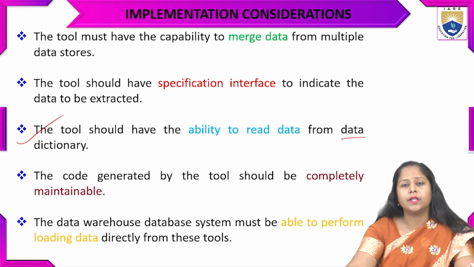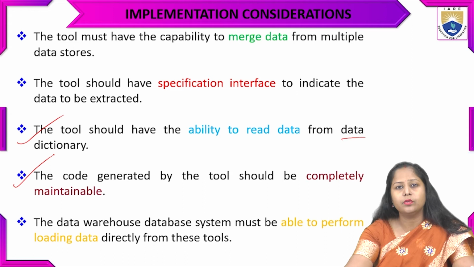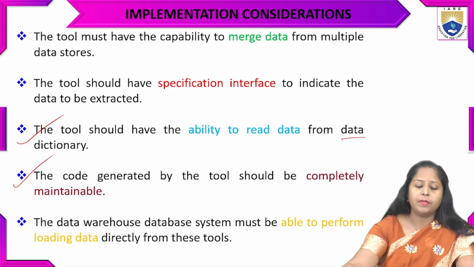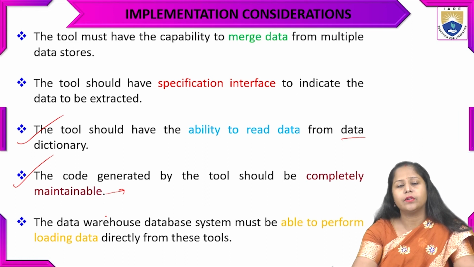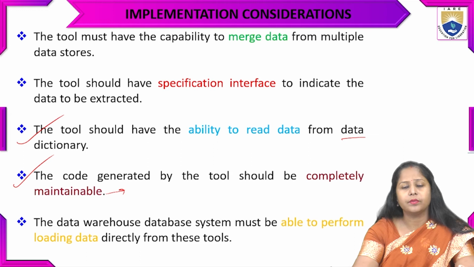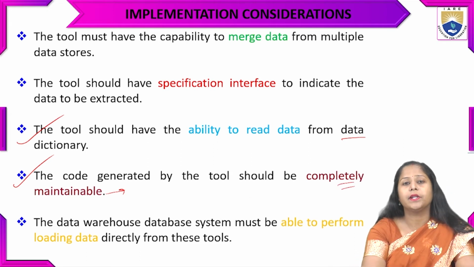The code that will be generated by the tool should be completely maintainable. That is a factor while we are going to implement the data warehouse. So the code we are going to generate will be completely maintainable in nature.